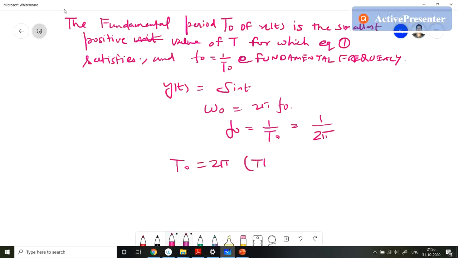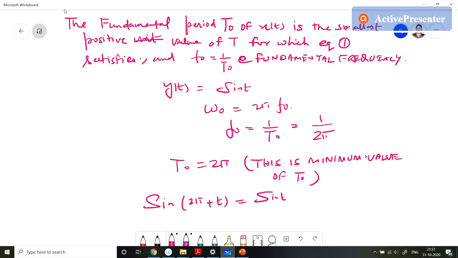This is the minimum value of T naught, since sin(2 pi + t) is again equal to sin t. So the minimum value is T naught = 2 pi. This is called the fundamental time period.